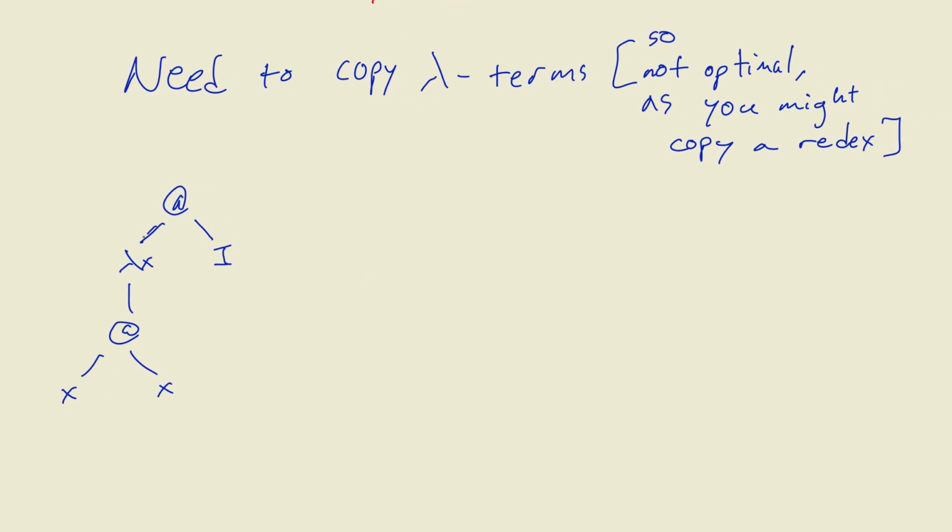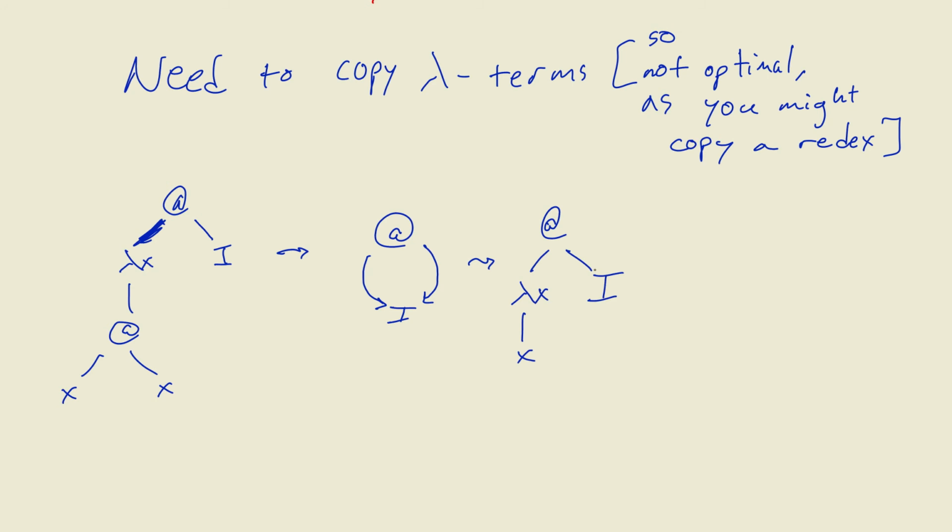If we do this redex, now with this pointer sharing, we're supposed to get I applied to I. At this point, to do the next beta step, we do need to do a copy. This isn't maybe the most enlightening example, but the plan is to take the argument and substitute it in for the variable.